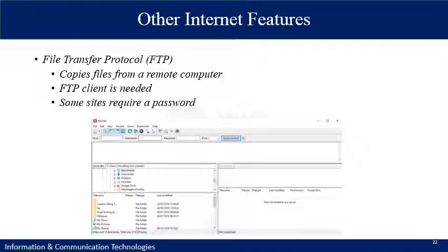As mentioned earlier, the usage of the internet is not only limited to the viewing of pages. Another common application of the internet is the transmission of files using file transfer protocol. The file transfer protocol copies the files from a remote computer.